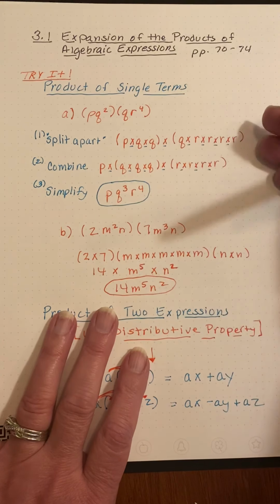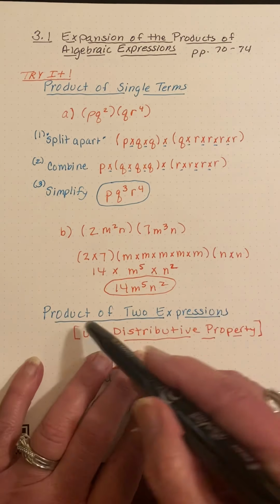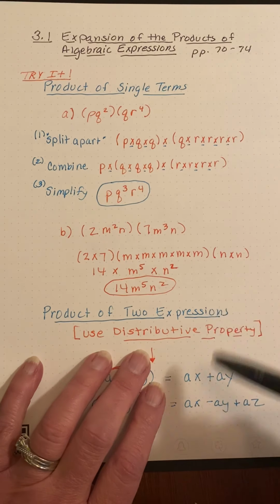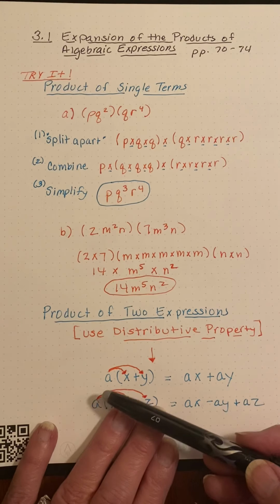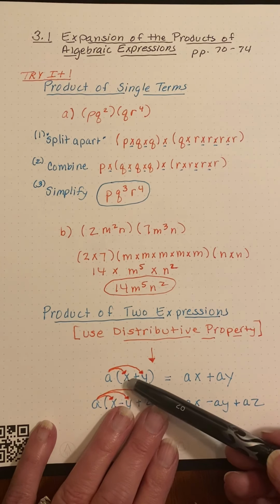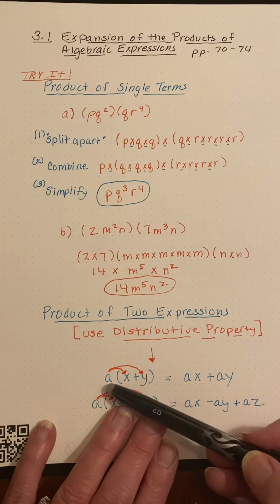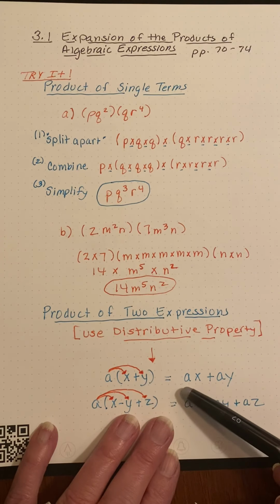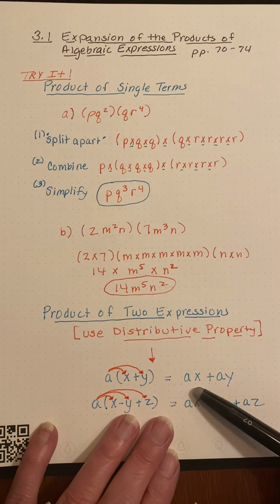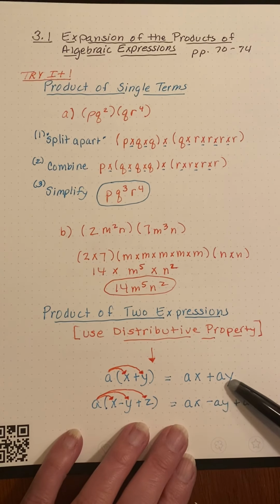Now moving from here to the product of two expressions, we have to first of all review the distributive property. Remember, when it's a times x plus y, you're going to distribute the a to the x and then to the y, so you end up with ax, which is a times x, plus a times y.